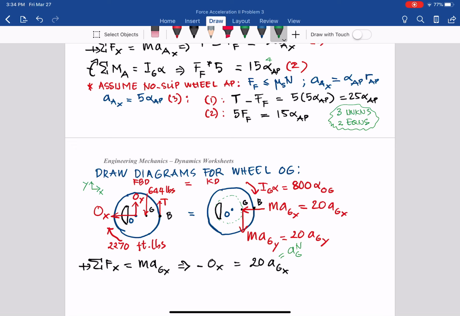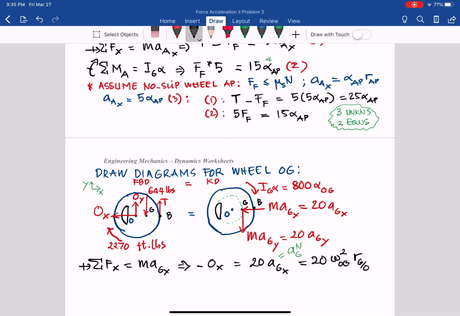And if you recall, AGN equals omega squared R. So we will have 20 omega OG squared times the radius, in this case, R G relative to O.